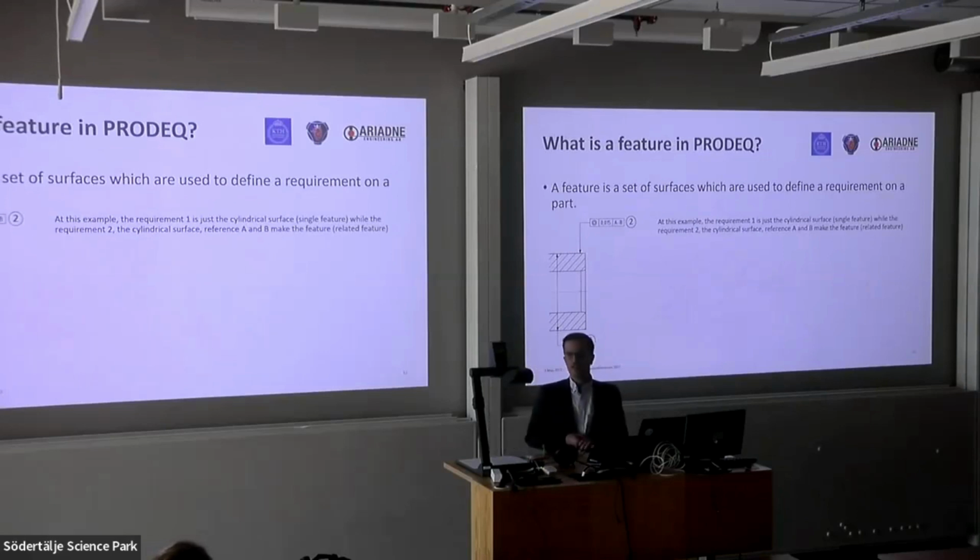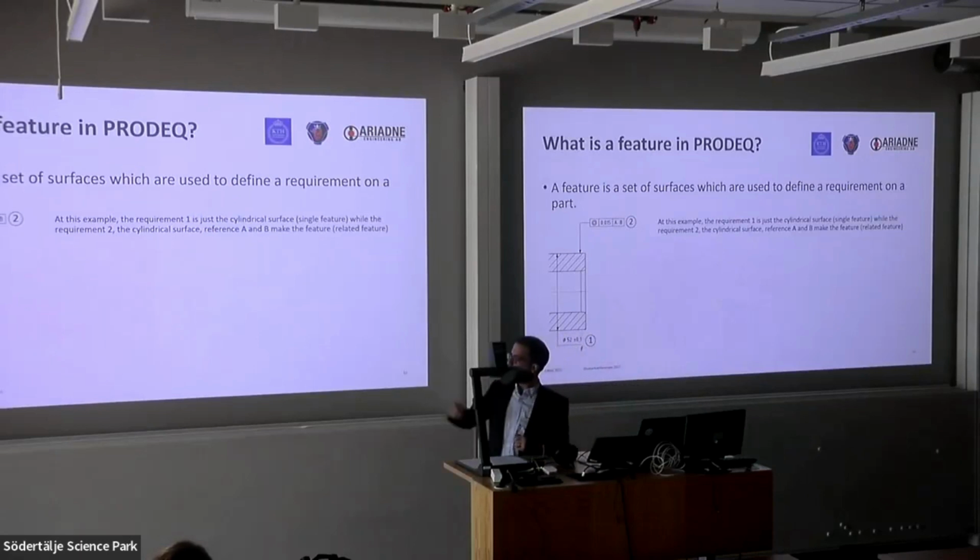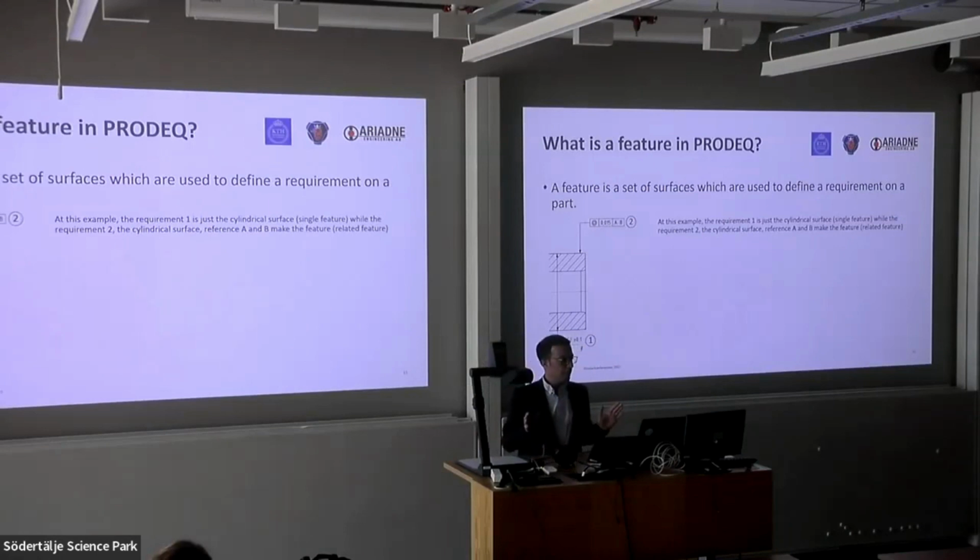We have different definitions for feature, but here in this project, we have defined a feature as a set of surfaces which are used to define a requirement on a part. So for example, on this part, when we have a requirement that defines the diameter of this part, then we have only the cylindrical surface of this part as a feature.